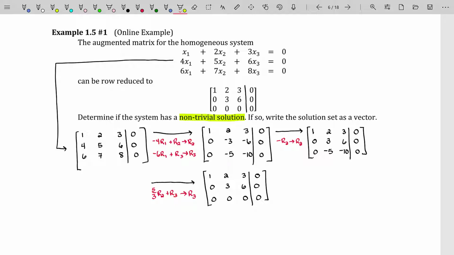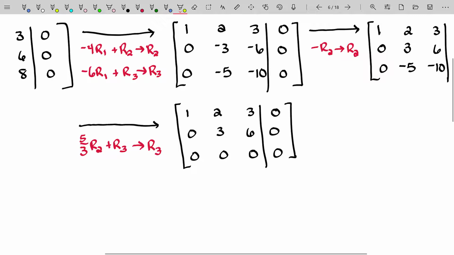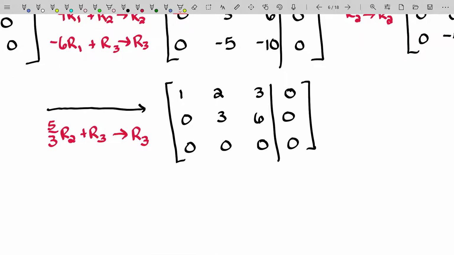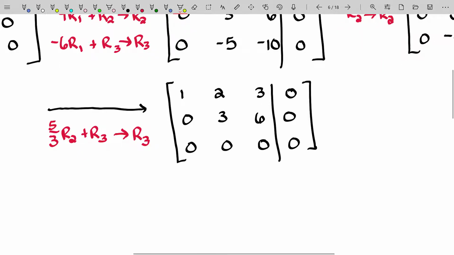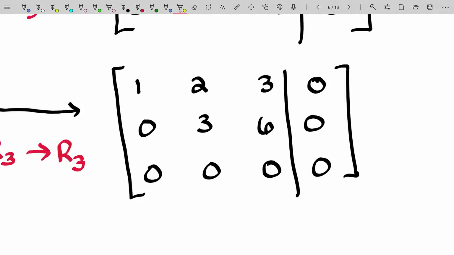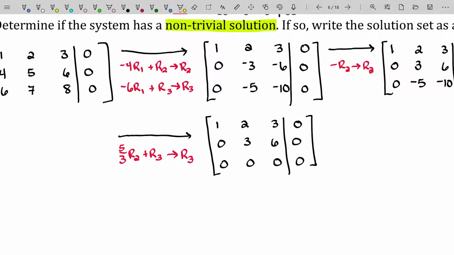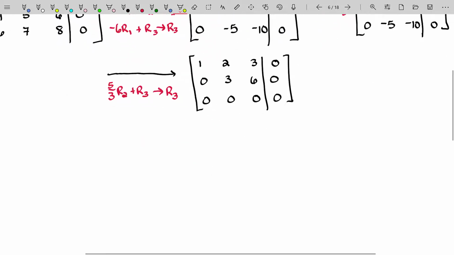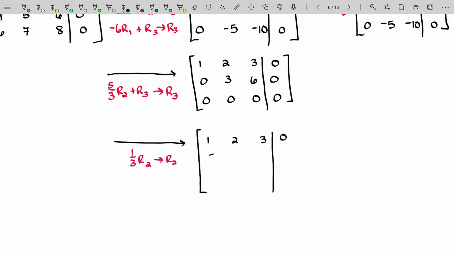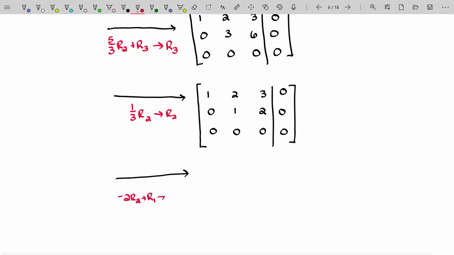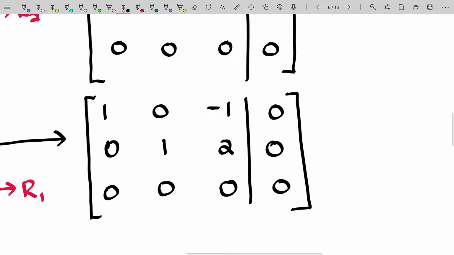Now personally, if I'm asked for a non-trivial solution, or better yet, if I'm just asked for a solution and I know that my system has a solution, then I'm going to get it into reduced row echelon form. And the way I'm going to do this is do two more steps to get down to this form right here.